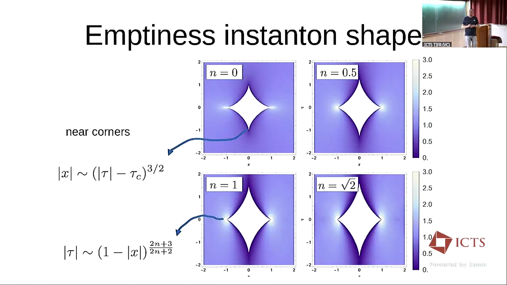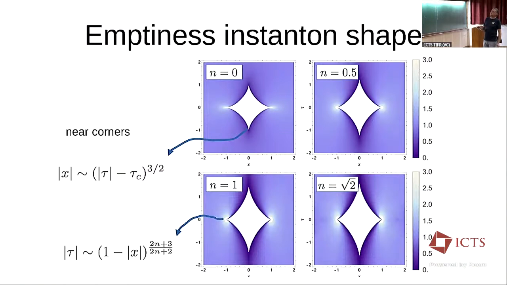Now we are able to produce, from this equation and the known right-hand side, the emptiness shapes for any value of the polytropic index, in a certain range of course, because the gas still has to be thermodynamically stable. Maybe it's not very interesting because they all look the same. However, there is a different scaling law near the corners.